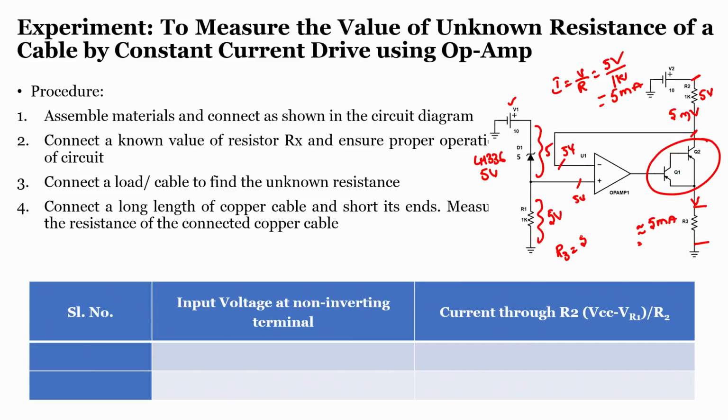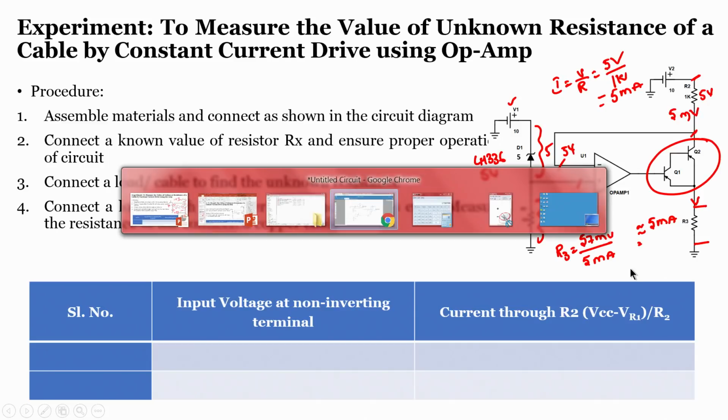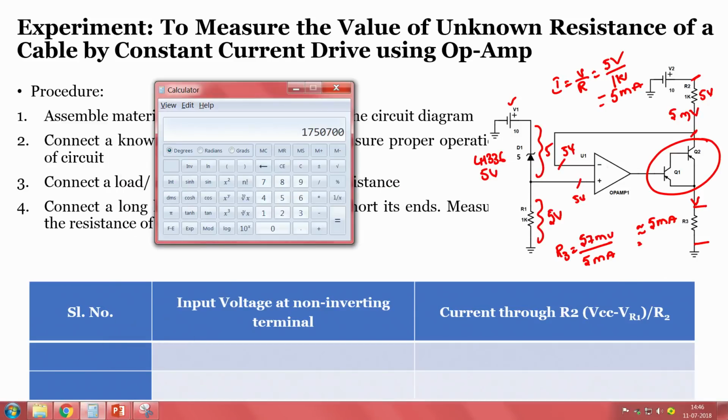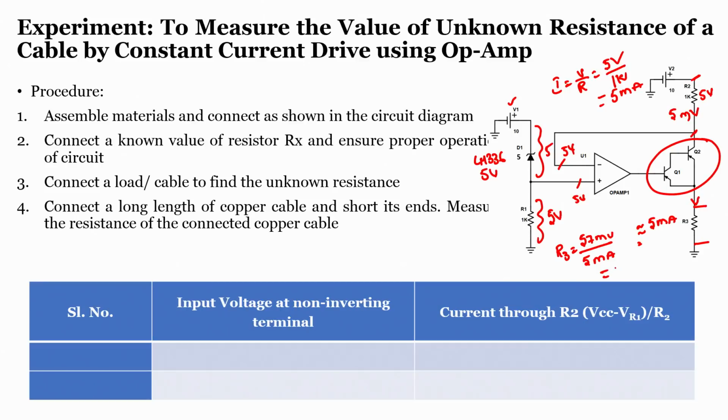We got 57 millivolts, and the current flow is roughly 5 milliamps, so 57 millivolts divided by 5 milliamps. When we calculate, it is 11.4 ohms, right. The value is almost close to 10 ohms.